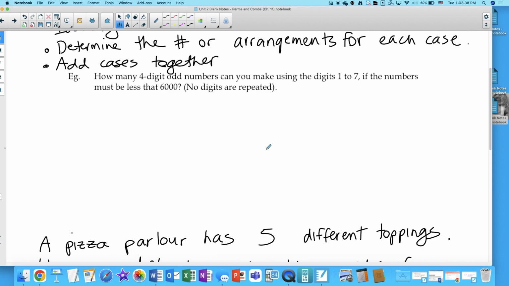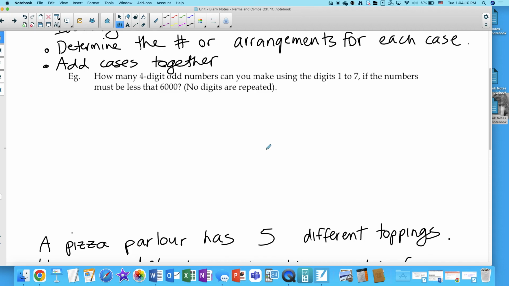Okay. So firstly, let's talk about, there's a couple restrictions here. Number 1, we've got to have an odd number. So if we got to have an odd number, where's that restriction going to lie? Every second number? The last digit, yeah. It's the last digit. So you're right, it would be every second number if we could use all the digits, but we're not allowed to use all the digits here. We're only allowed to use 1 through 7, right?